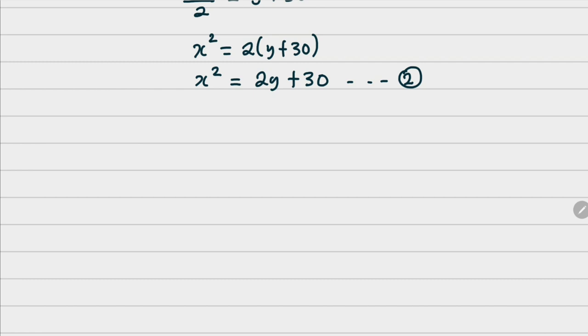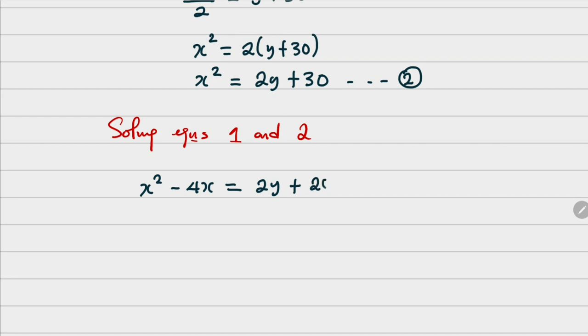Now, since I have the two equations, solving equations 1 and 2 simultaneously, this is what I'm going to get. Equation 1 is actually x squared minus 4x equals 2y plus 20.